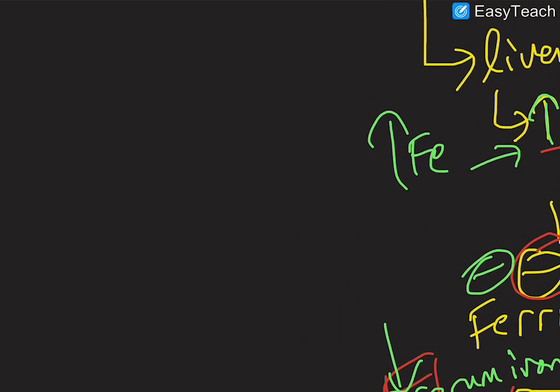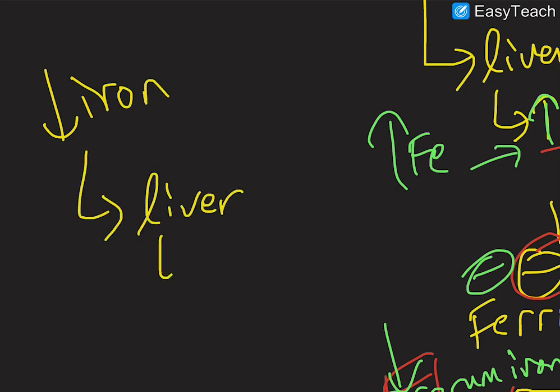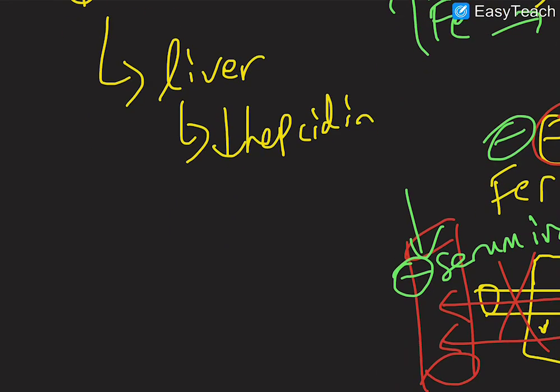If you're deficient in iron, then your liver doesn't secrete hepcidin. So you have low hepcidin secretion, which means you release ferroportin from inhibition. Ferroportin is no longer inhibited.